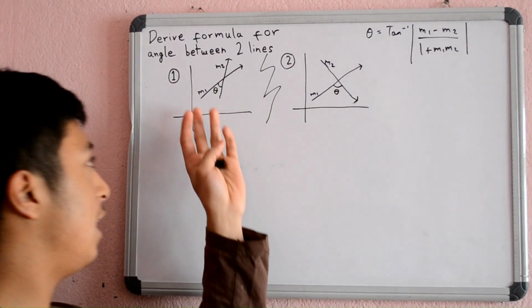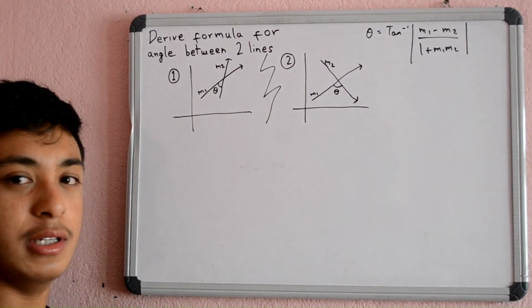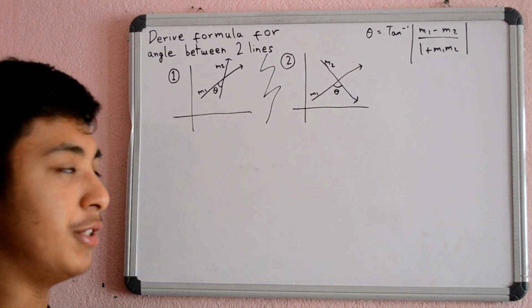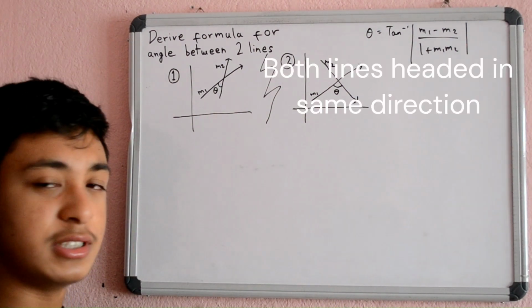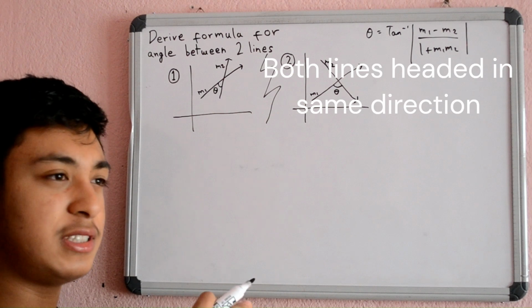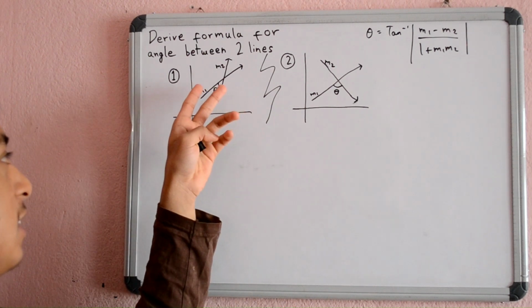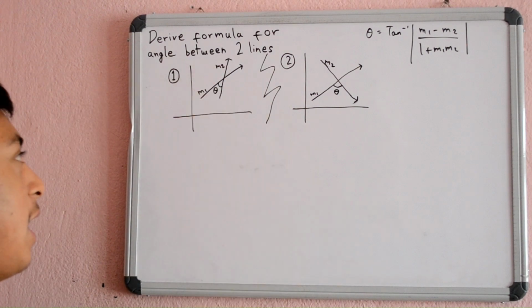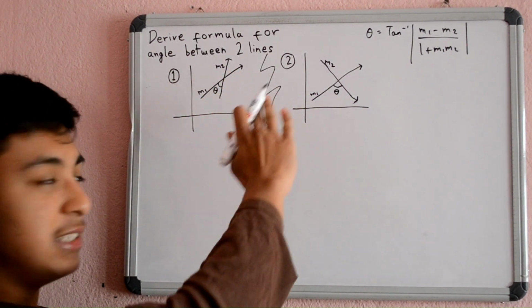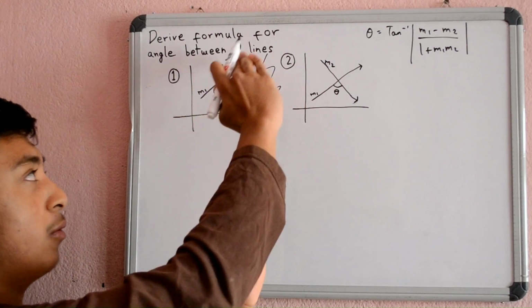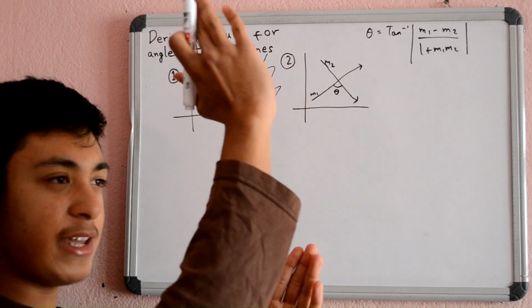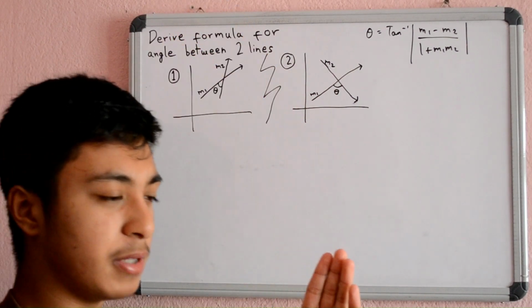This is what I like to call when the two slopes are both in inclination. When they have the same sign of rise and run. So, as you can see, both m1 and m2 are both increasing in their rise and also increasing in their run as well. Rise being going y-axis, run being going x-axis.